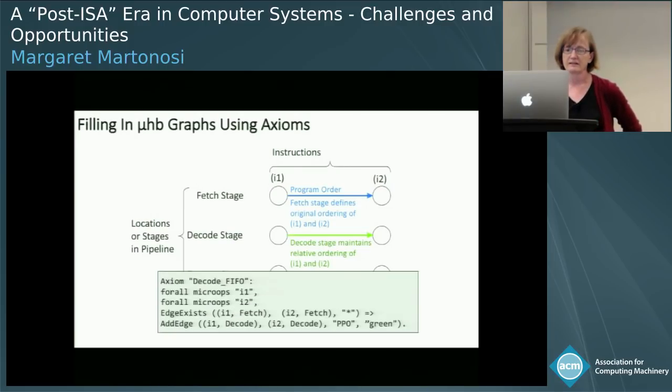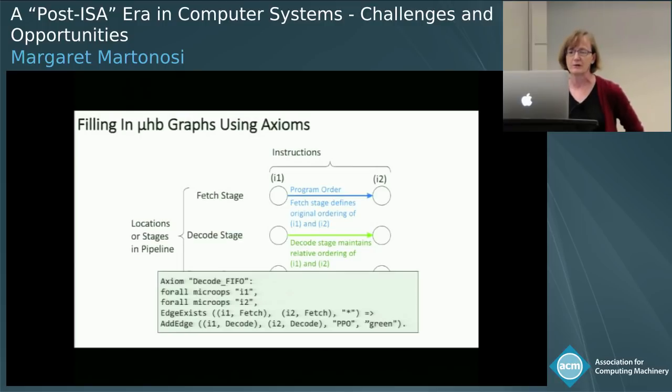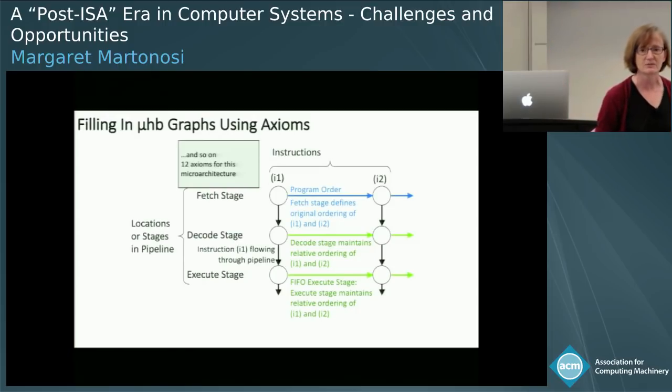Likewise, we can say that if fetch happens in order, in this microarchitecture, decode is going to maintain that ordering. And so we can write a separate axiom that says, if fetch happens in order between I1 and I2, then decode will also. And so on and so forth. This very simple architecture has about 12 axioms.